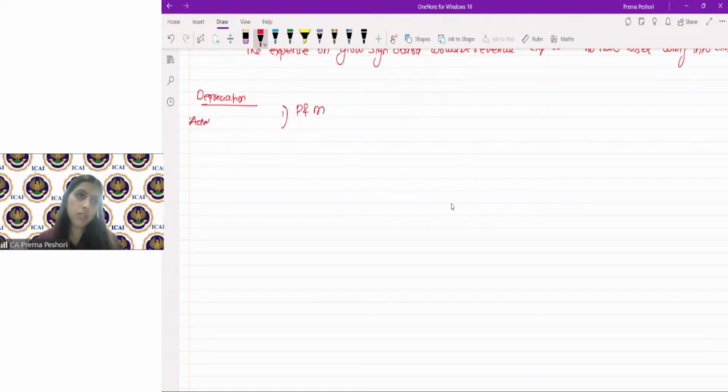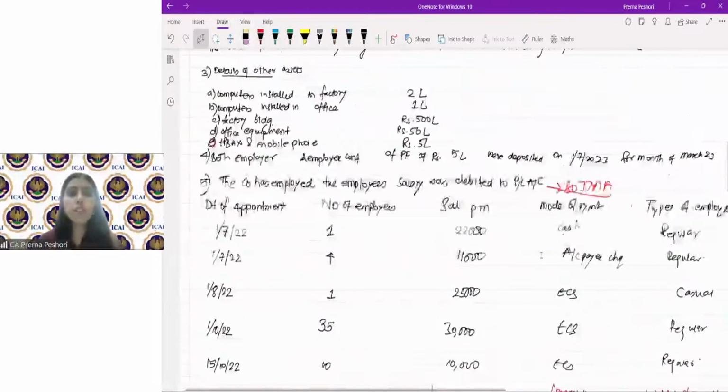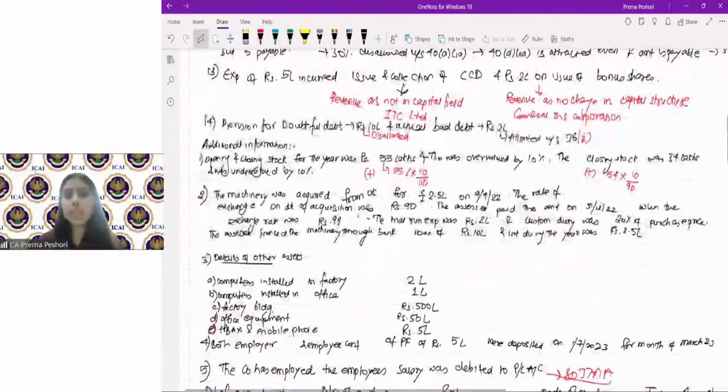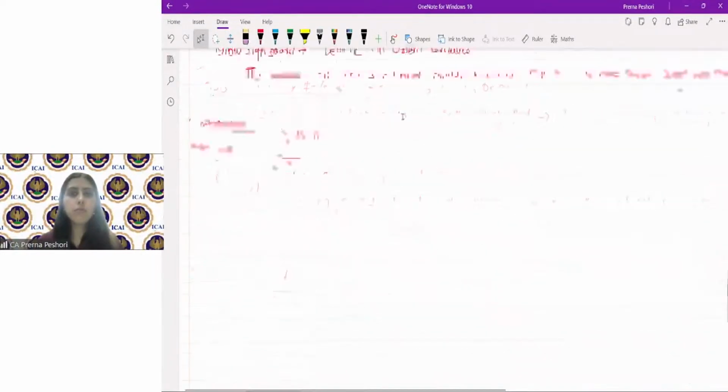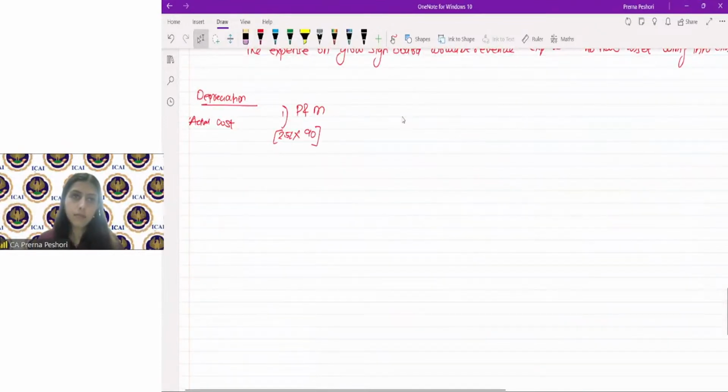The actual cost is 2.5 lakh pound into how much is the exchange rate? The exchange rate is 90, right? How much is this coming to? Two crore 25 lakh. So 2.25 crore.